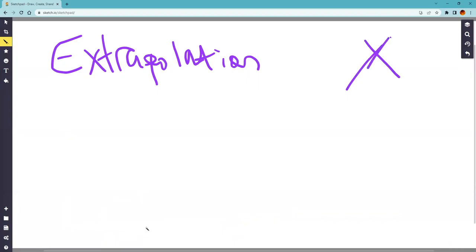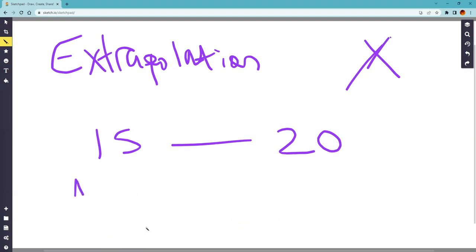So let's say you were trying to study the weight of a child 15 to 20 weeks after it being born. So let's say it was like August 1st, 2003 to, what would 5 weeks later be?